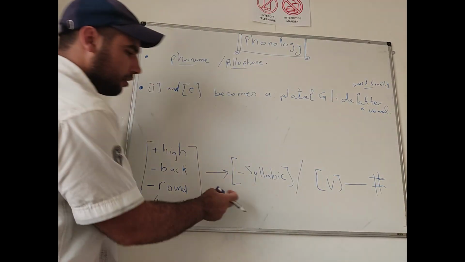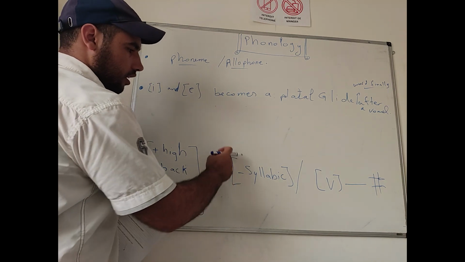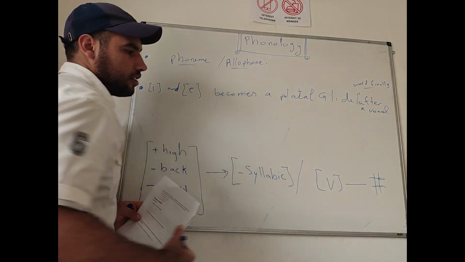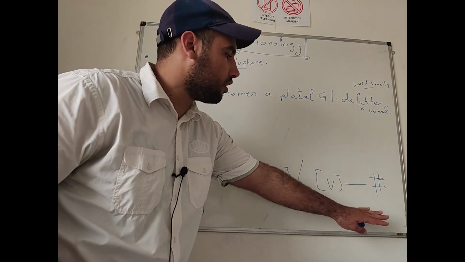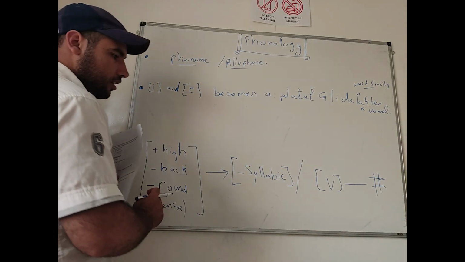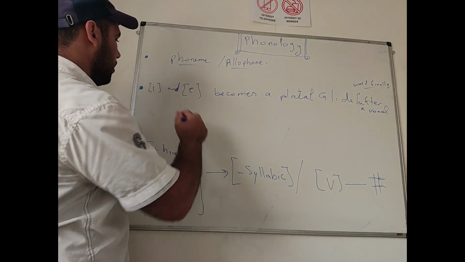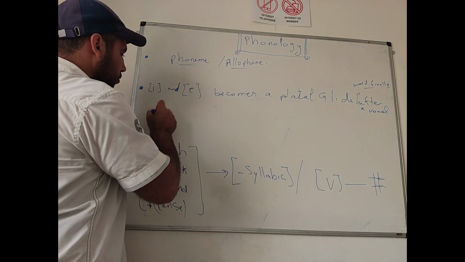And this is the formal annotation of this rule. Don't forget to use the brackets and the slashes. For example, this is the environment where the process happened or the sound changed. And this one, the change from a vowel to a glide.